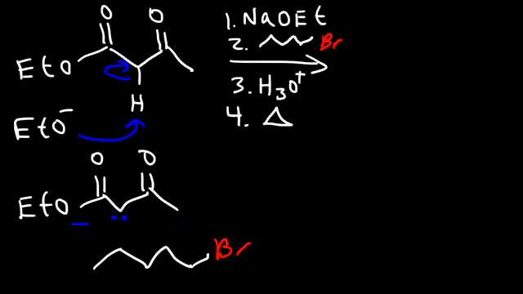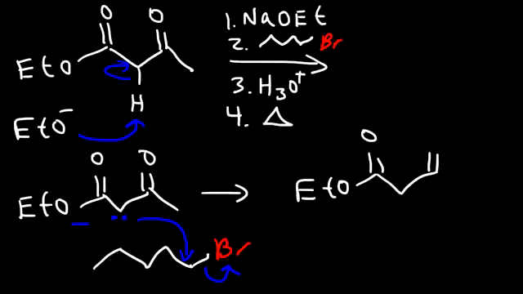So then the carbon with a negative charge is going to attack the carbon that is attached to the bromine atom. And so right now we're going to get this product. And then we're going to add 5 carbons: 1, 2, 3, 4, 5.